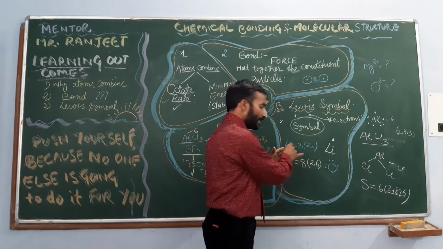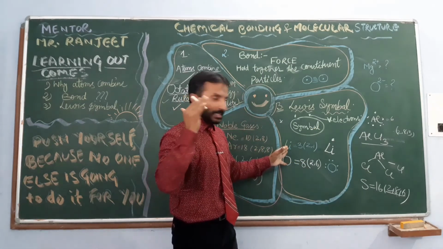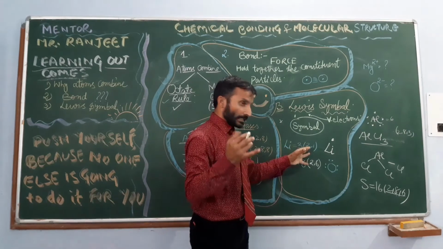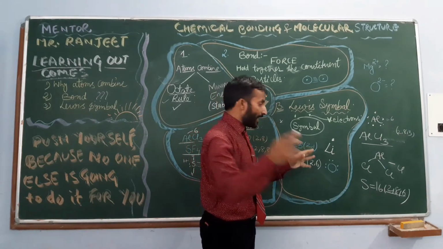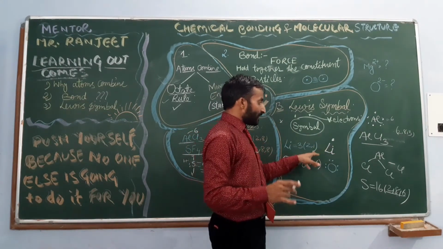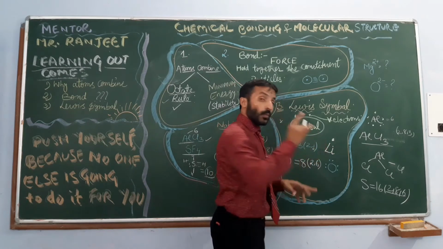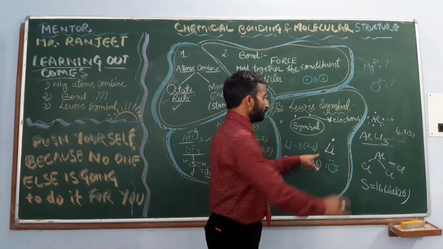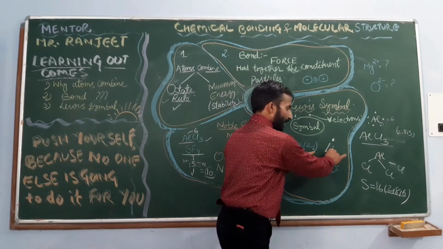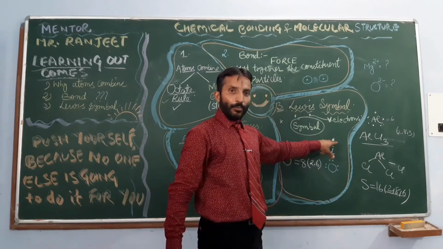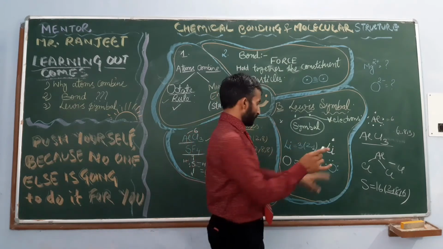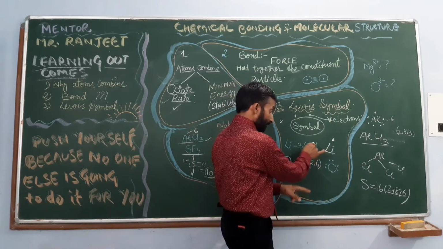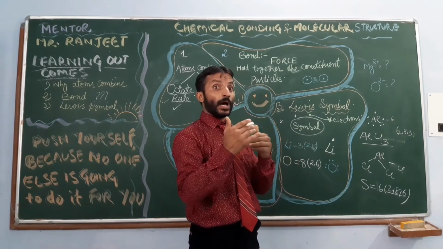For example, lithium, atomic number is 3, so its electronic configuration is 2, 1. So valence shell, how many electrons? 1. And how to write this Lewis symbol? First write the symbol Li, and how many dots? 1 dot, because there is 1 valence shell electron.